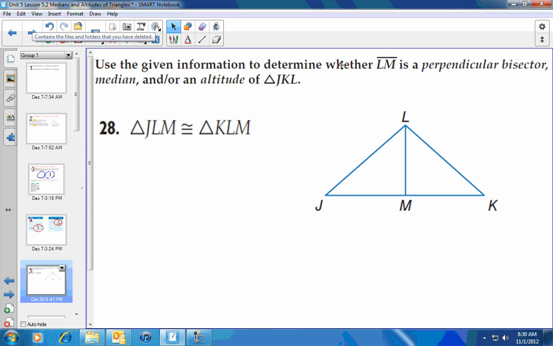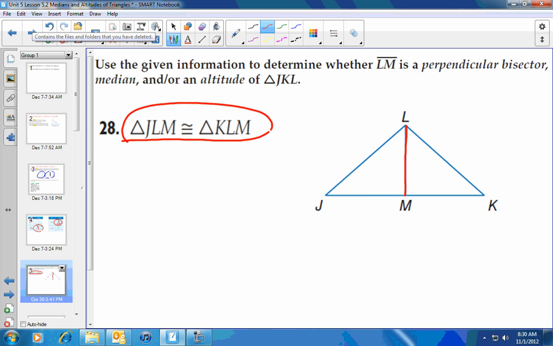Let's look at segment LM. Here it is, right here. Now, if all they give us is the figure, then as far as we know, segment LM isn't any of those things. But they give us this information.